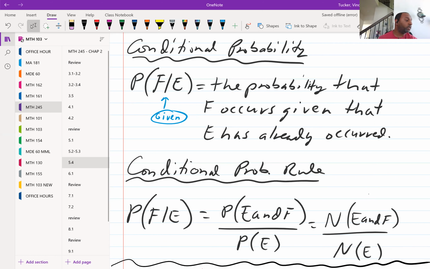If you have probability, you will use the first relationship, or if you just have the numbers, use the second relationship. But notice the positioning matters. If you're trying to find the probability that F occurs given that E has already occurred, E is going to be down here at the bottom. But if you were to flip it, F will be down at the bottom. So positioning does matter.